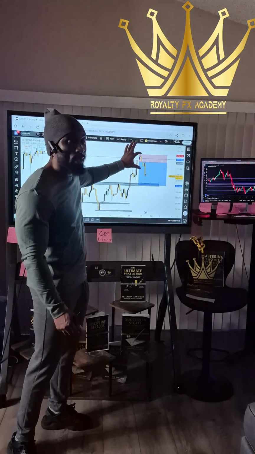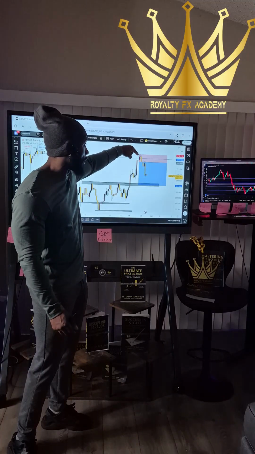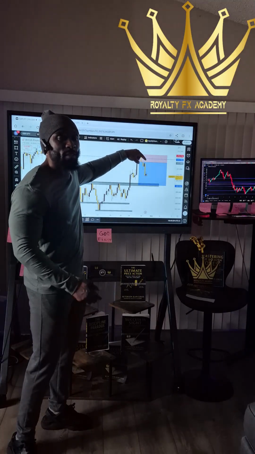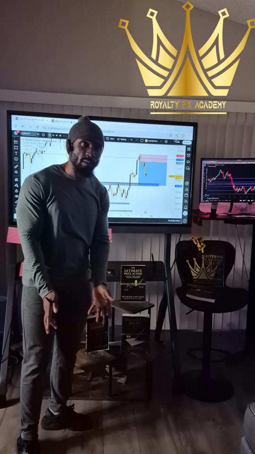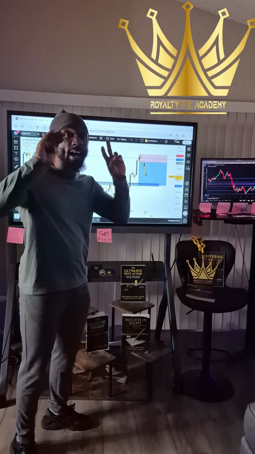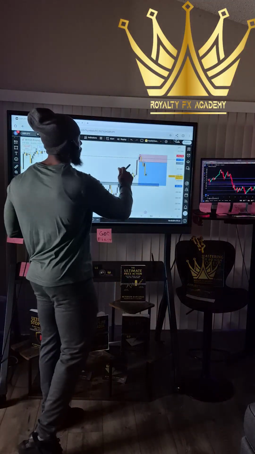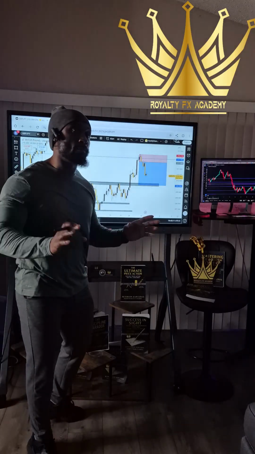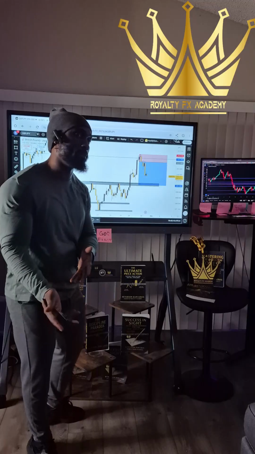When you get a gold candle that is bigger than the black candle, like so, it means the sellers have taken over, or the golds have taken over. Once it shows you that sellers have taken over, your job is to simply join them.